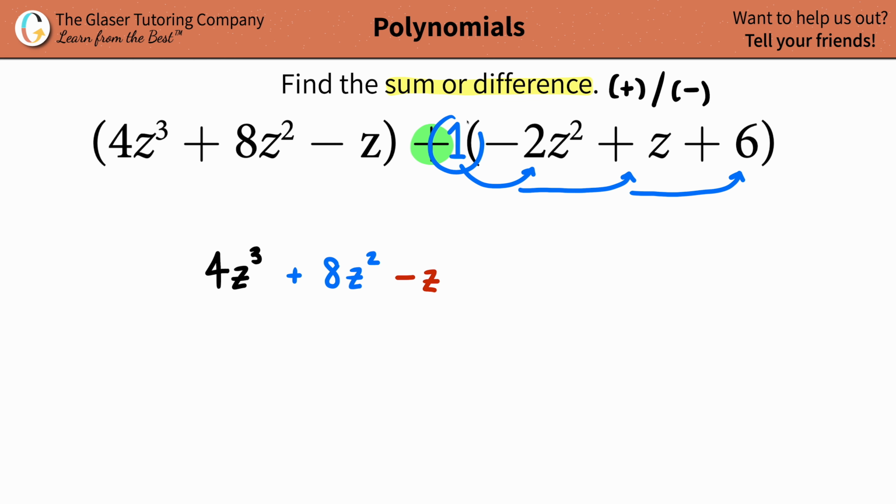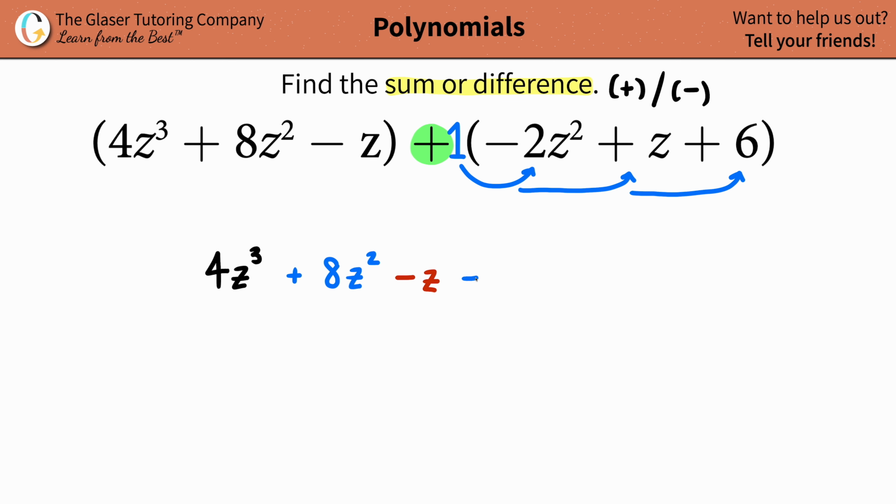So if I had a 1 value here times a negative 2z squared, a positive times a negative is a negative value. So this one is going to be negative, and what color am I going to use? Black, blue, or red for this negative 2z squared? Did you say blue? You're absolutely correct.